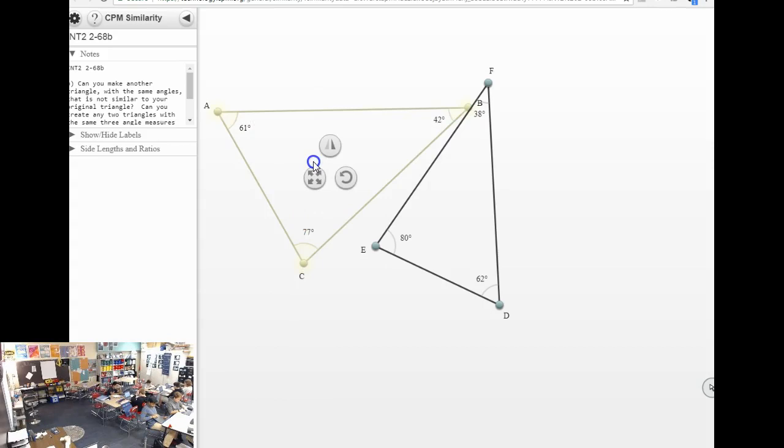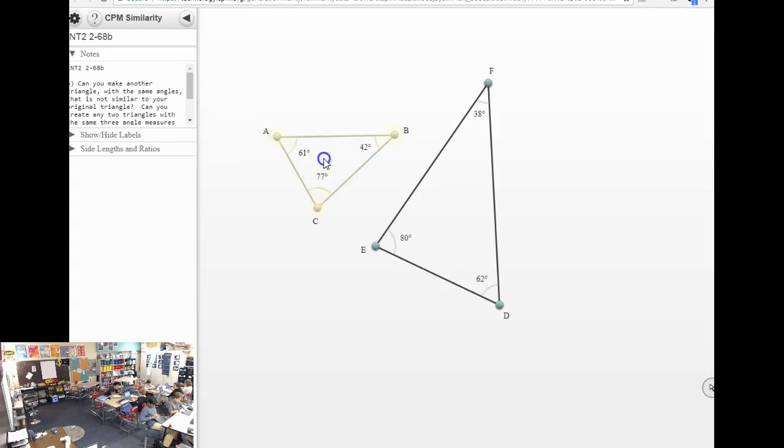Play with all of these options. So grab the bottom left, this little expandy-looking guy. Check what that does. That gives you a dilation of your triangle. What is this top one? What's that a symbol for? Reflect it, right?